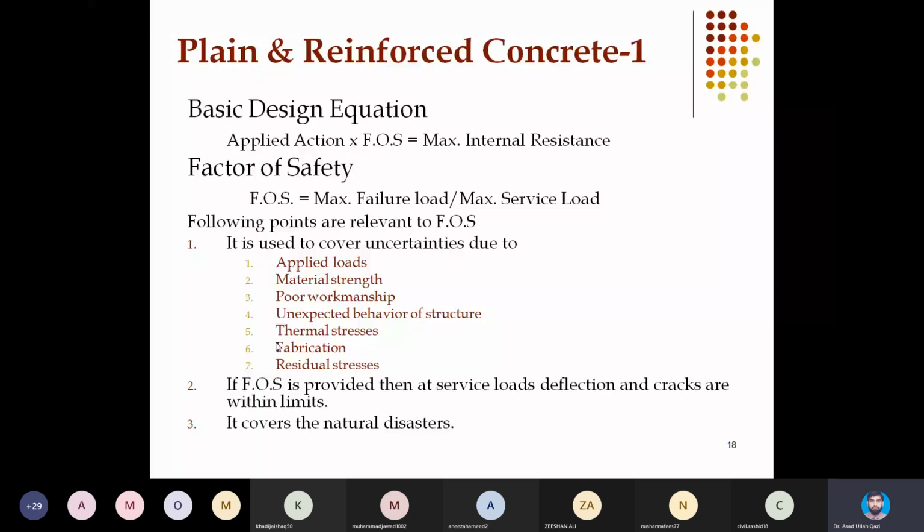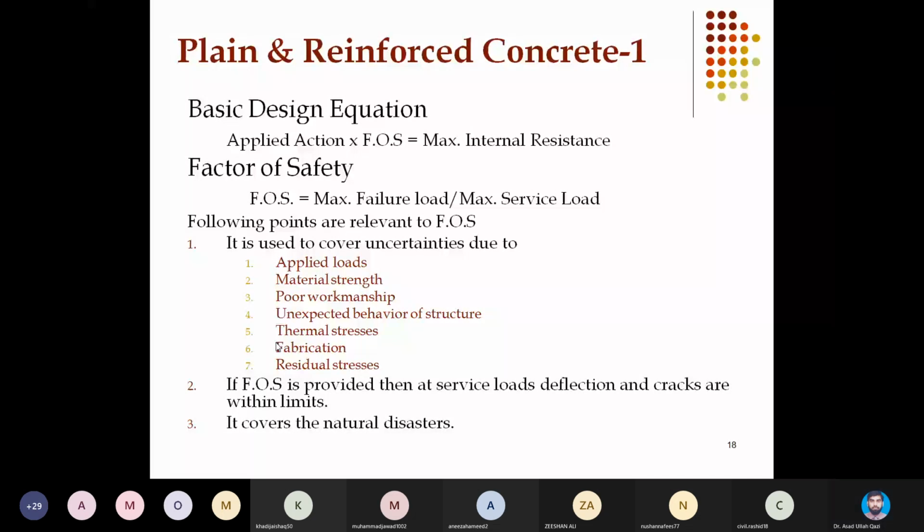So the basic design equation will be that applied action into factor of safety should be equal to internal resistance. So action should be equal to reaction. And in terms of action, we want to exaggerate that action, amplify it, and that exaggeration is actually factor of safety.